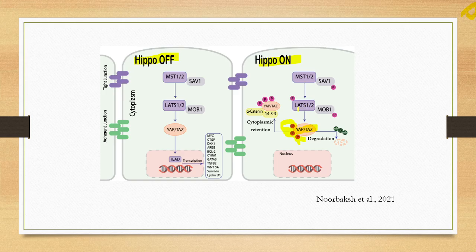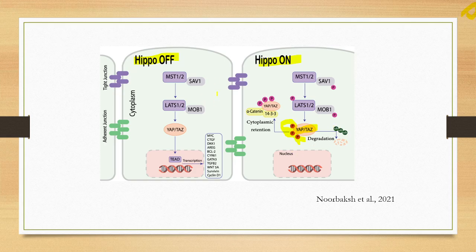Now, when LATS1 and 2 are phosphorylated, they phosphorylate the downstream molecules, which are your YAP and TAZ proteins. This phosphorylation marks them for the ubiquitination process and then they are degraded.